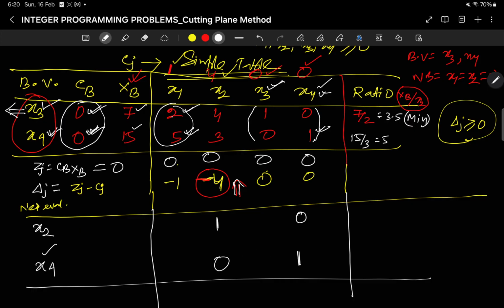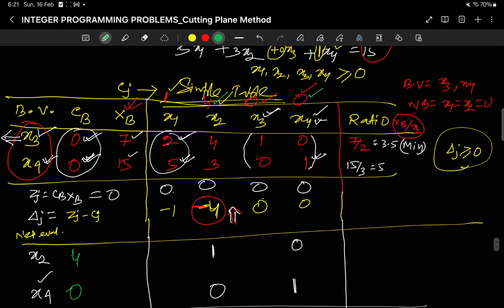So this needs to be restored by using Gauss-Jordan elimination. So for which we need the calculation. Now what is the objective coefficient of x2? The objective coefficient of x2 is 4 here. The objective coefficient of x4 is 0 here. I substitute it. Then I just have a calculation.